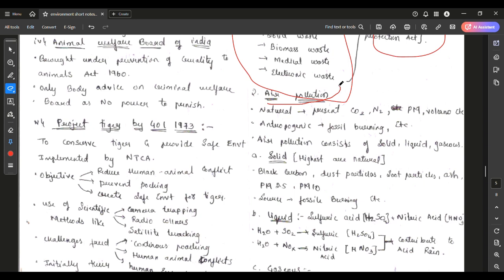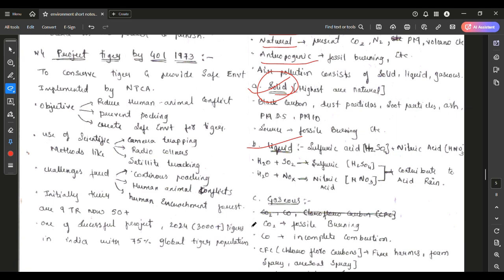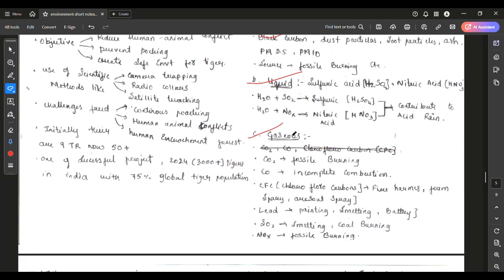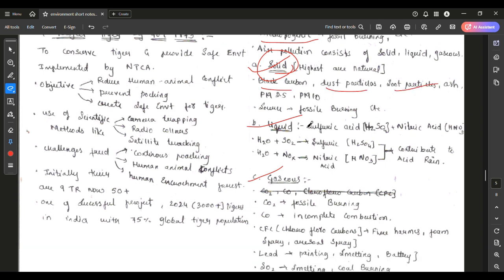Coming to air pollution, it can be natural or anthropogenic. You can see here these are the air pollutants in solid, liquid, and gaseous forms. I explained each and everything. Solid forms include black carbon, dust particles, and soot particles. I also explained the liquid forms, meaning sulfuric acid as well as nitric acid.